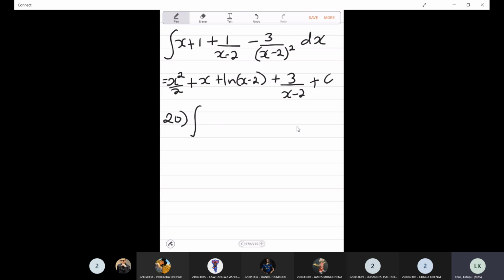We have to integrate x to the power of 4 minus x to the power of 3 minus 3x squared minus 2x plus 1 over x to the power of 3 plus x squared minus 2x dx. So remember, when the degree of the denominator is less than the degree of the numerator, you must use long division until what you have in the numerator is a degree less than what is in the denominator.